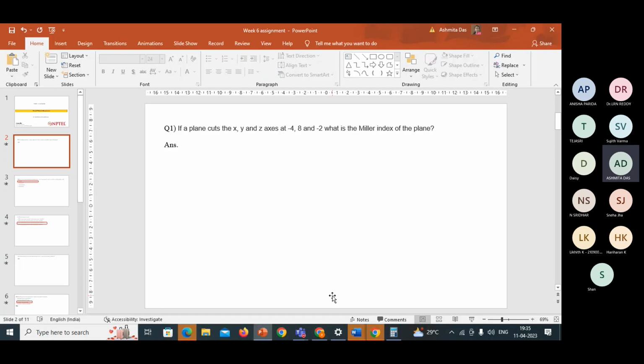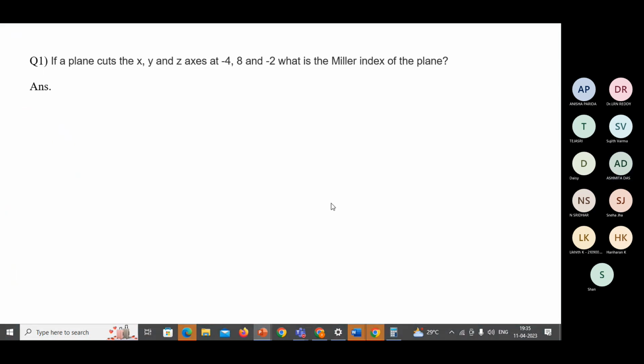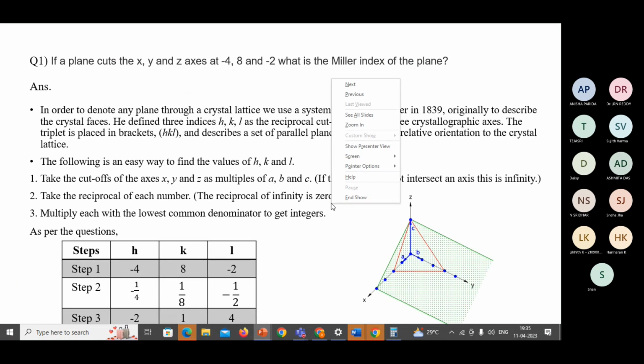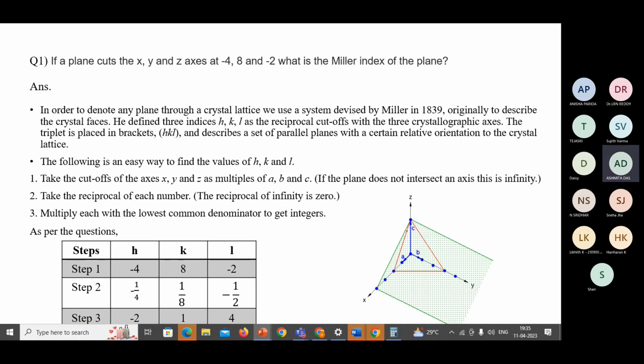Just a minute. Okay, suppose this is a plane, we go for the red one. It cuts the z-axis at C point, x-axis at A point, and y-axis at B point.